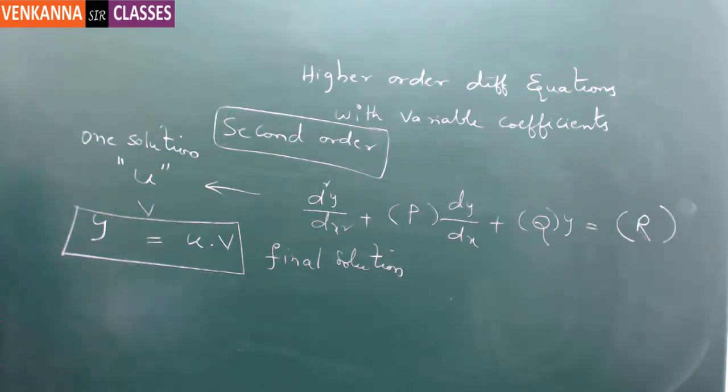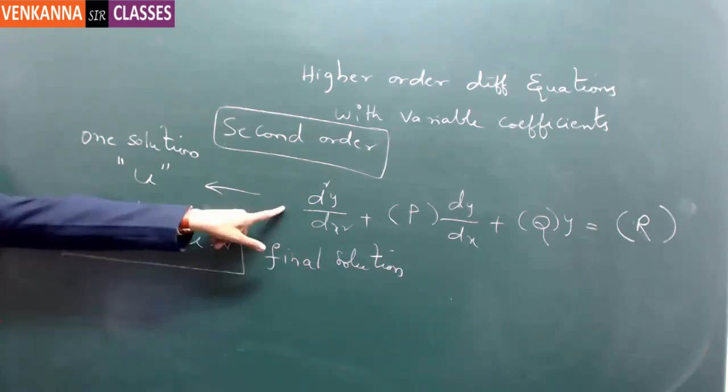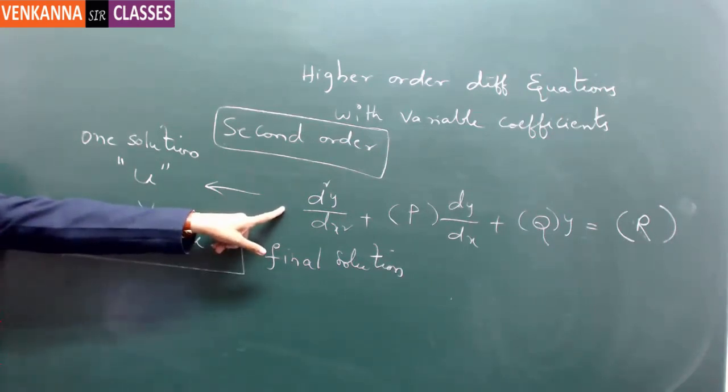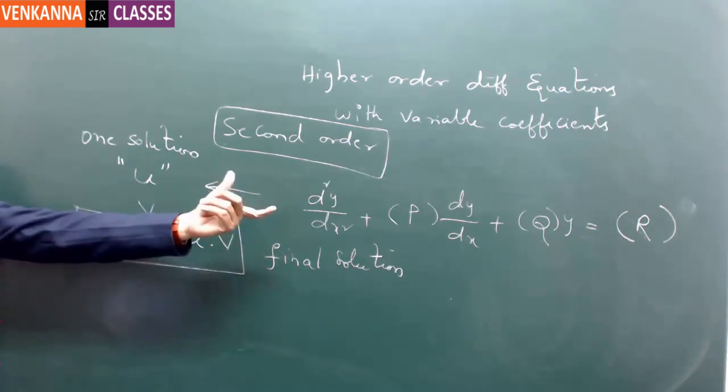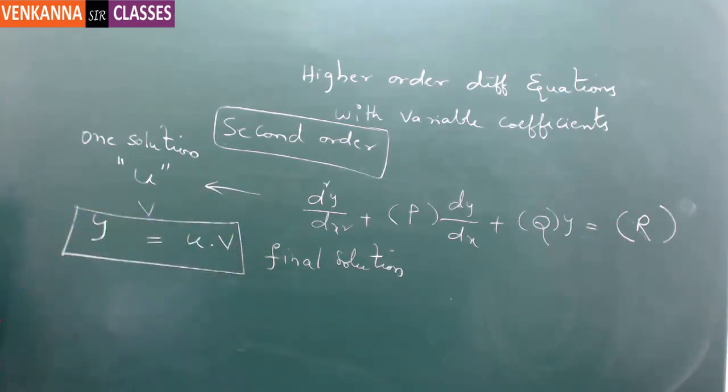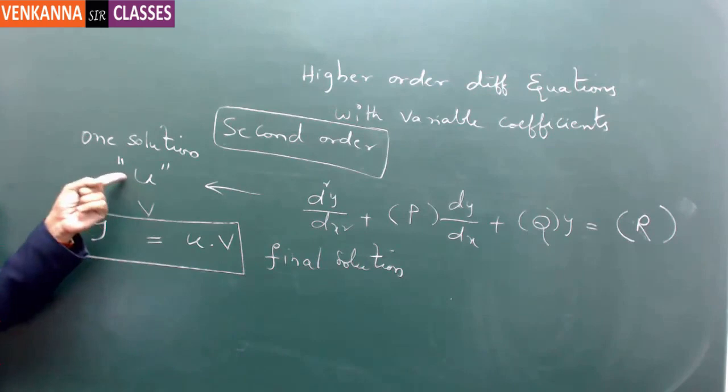Are you getting the logic? I will explain again. The second order differential equation should be in this form: d square y by dx square plus some coefficient into dy by dx plus some coefficient into y equal to right hand side value. For the given equation, we have to find one solution. I will give the process how to find that solution. I am calling that solution u.